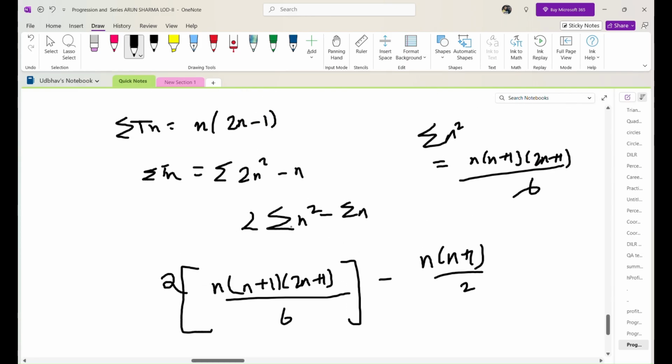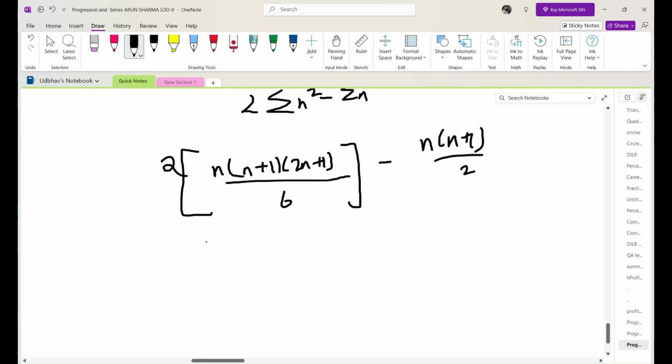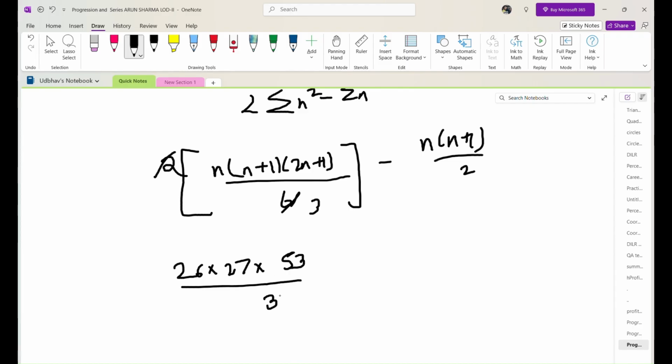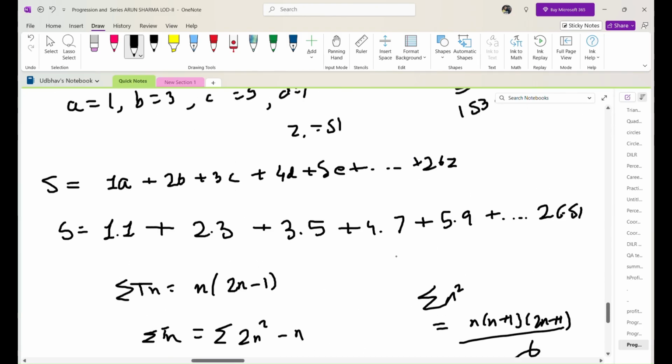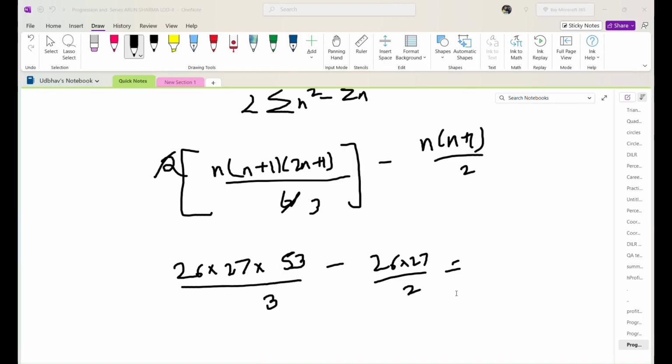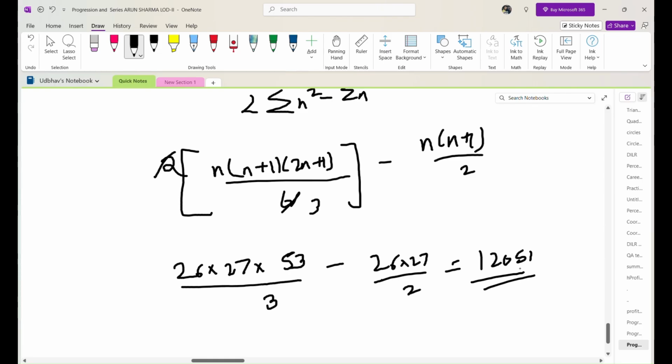Now we can just put the value of n equals 26: 26 into 27 into 53 upon 3 minus, and after we solve this we'll get 12051 as the answer.